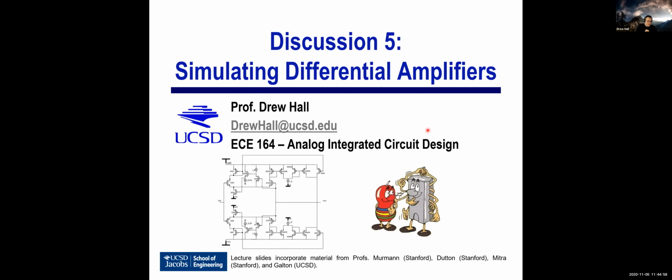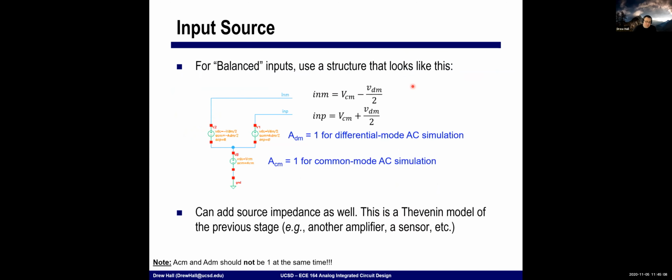All right, so given that we're going to have to do some simulation, I wanted to talk in particular about how you would simulate differential amplifiers. Recall that we need a differential input. That is, I need 2 inputs.